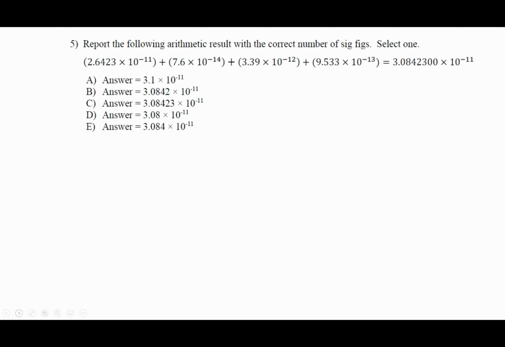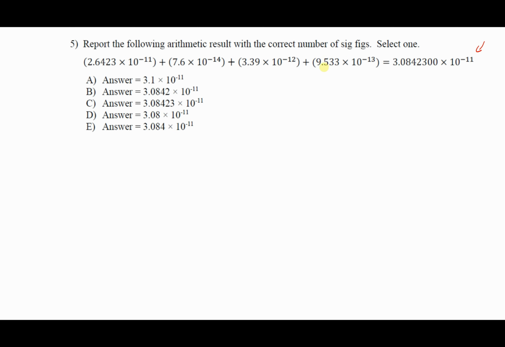Report the following arithmetic result with the correct number of sig figs. Select 1. So the key for this is always to put it in terms of the answer. So the first one is 9.533. Oops, I need to turn this to 10 to the minus 11. So this is minus 13, right?